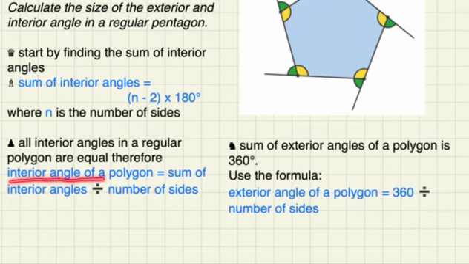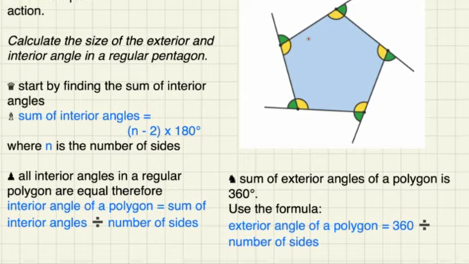So the interior angle of a polygon equals the sum of all the interior angles, which we just worked out from here, divided by the number of sides. Number of sides gives us the number of angles. So there are 5 sides and 5 angles.